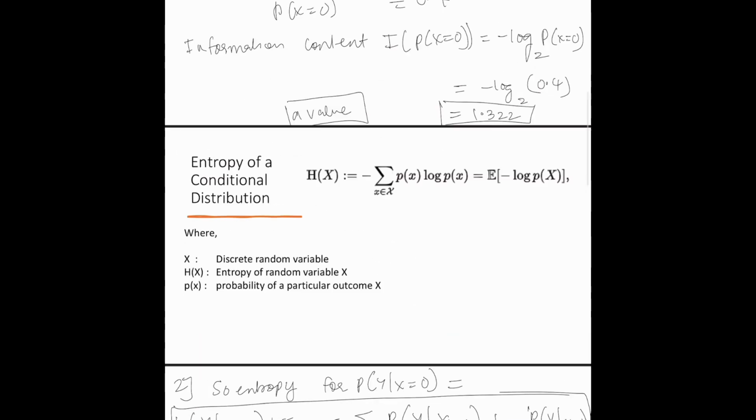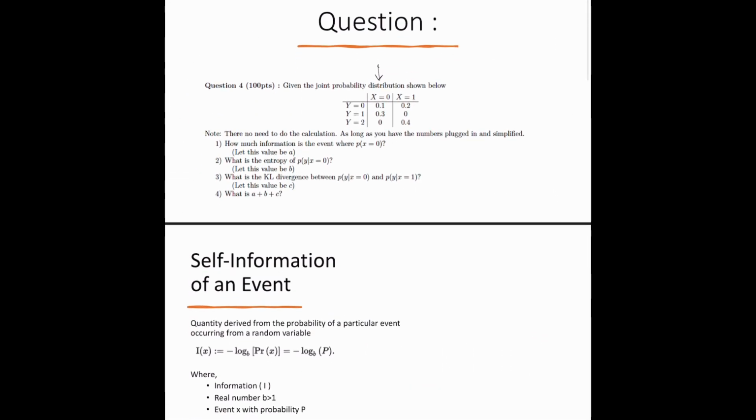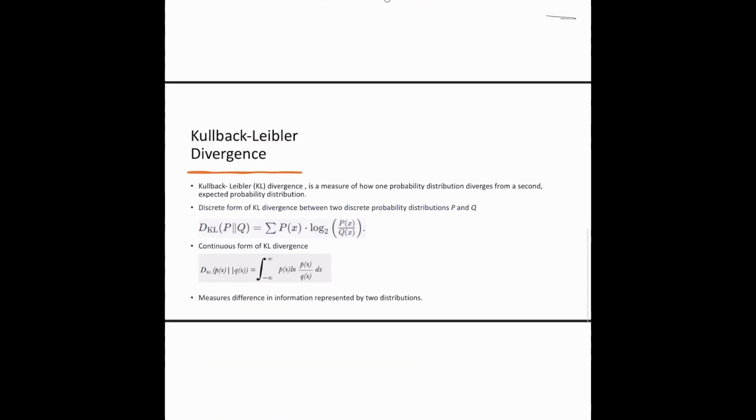Next is the KL divergence question, which says what is the KL divergence between p of y given x is equal to 0 and p of y given x is equal to 1.